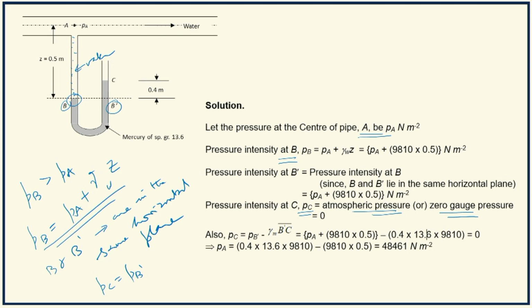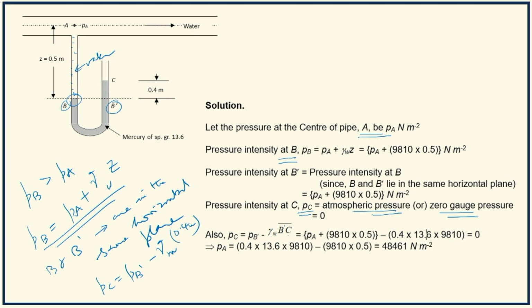Now when you are going up to C from B dash to a higher level, pressure decreases. What is minus? What do you have in the column B dash C? You have mercury, the manometric liquid, so specific weight of manometric liquid gamma m into the height of C from B dash, which is 0.4 meter. So PC is equal to PB dash minus gamma m into 0.4.